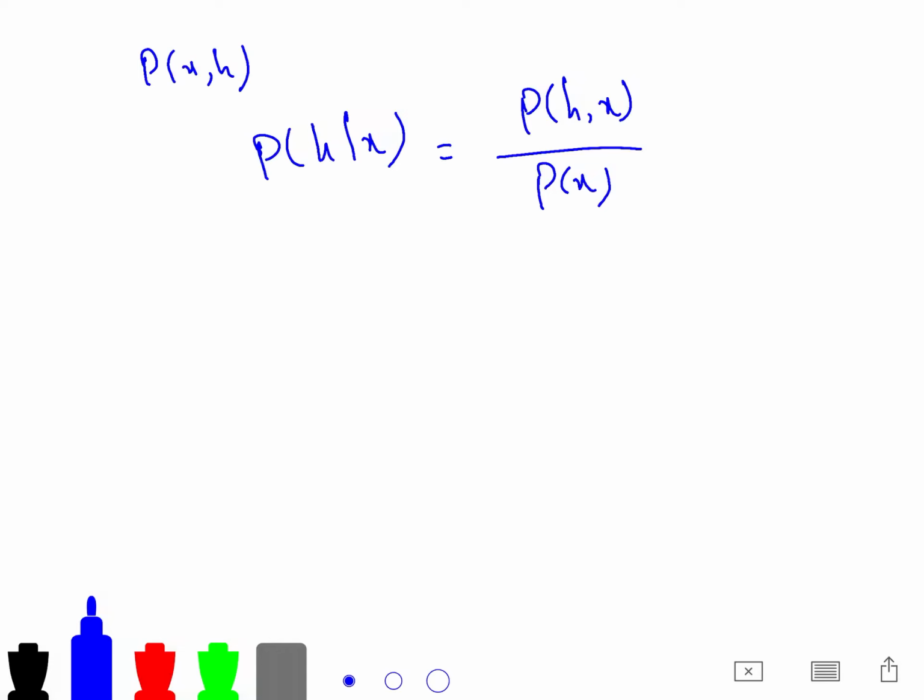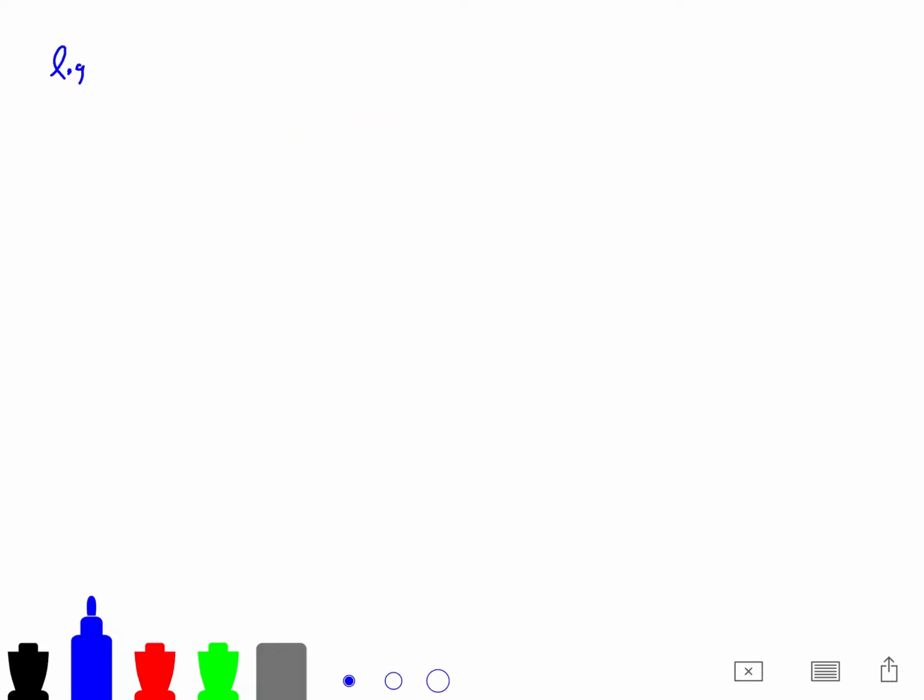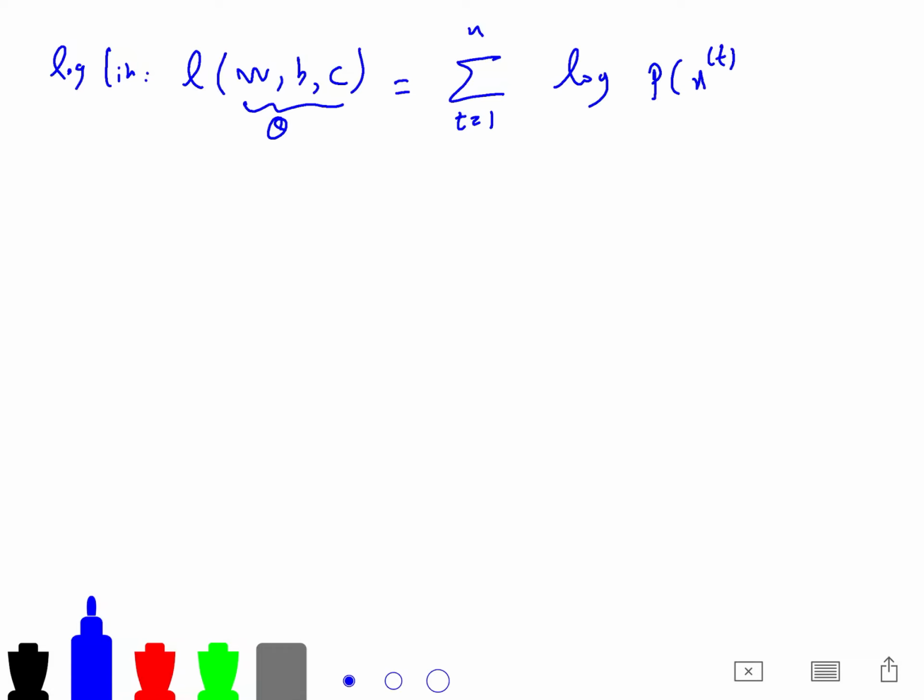And we want to maximize the likelihood. So the log likelihood is L of W, B, and C, all of which, as before, we usually write as theta. This is the summation over t of log of P of x_t, which becomes the sum for t from 1 to n of log of P of x_t and h.